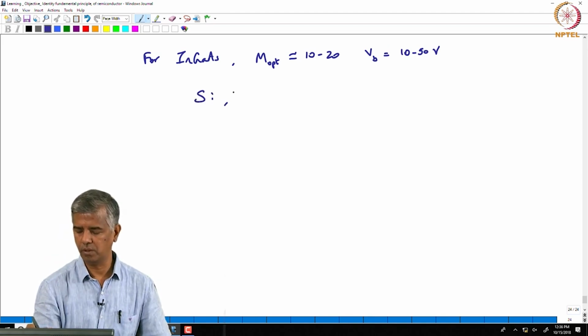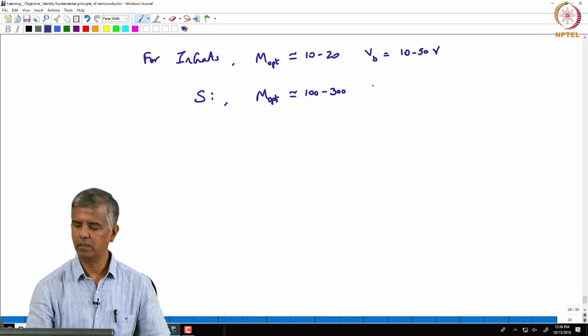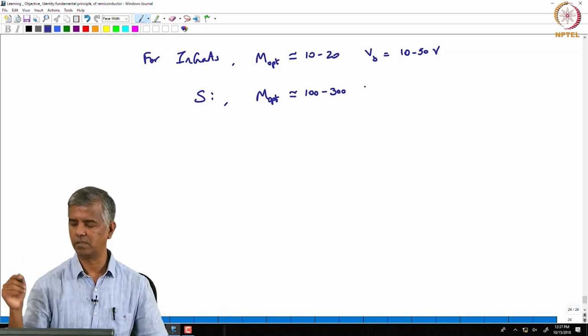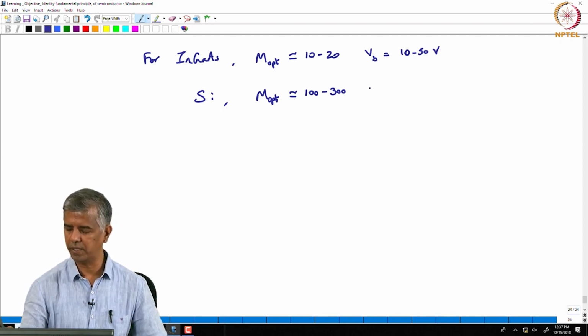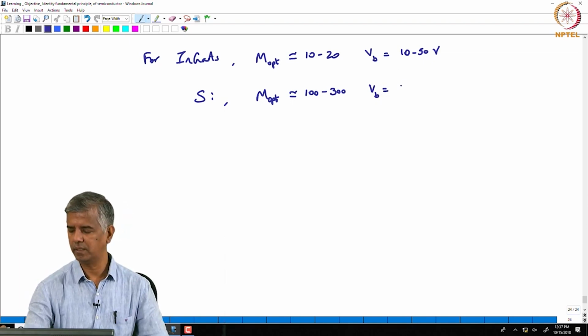So, if you look at silicon, that M opt can be in the order of 100 to 300 even in certain cases. For k equal to 0.006, as somebody has demonstrated, M opt can be even up to 300, and VB also has to be at that level.